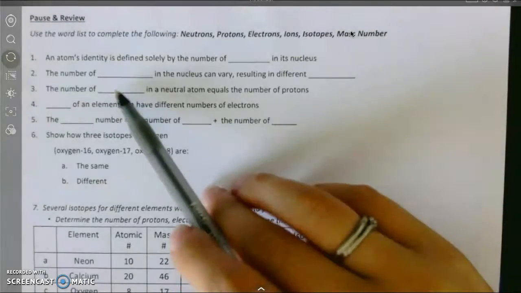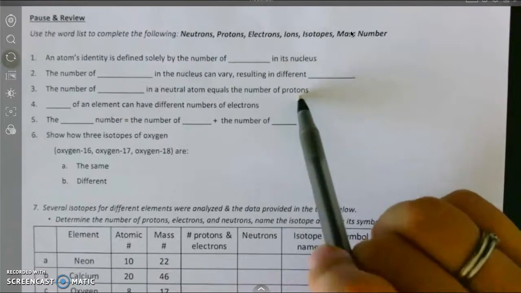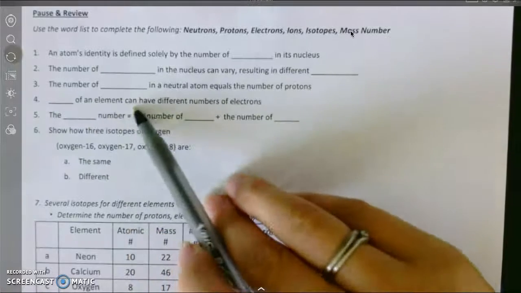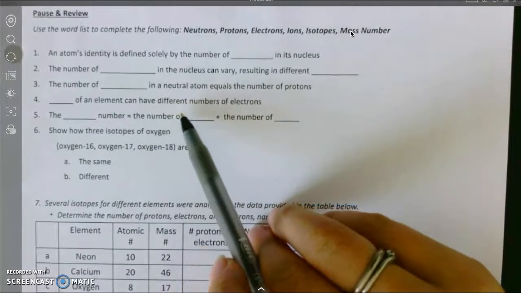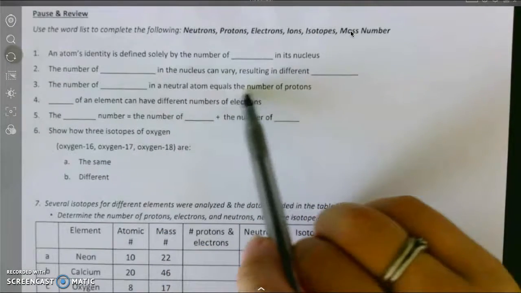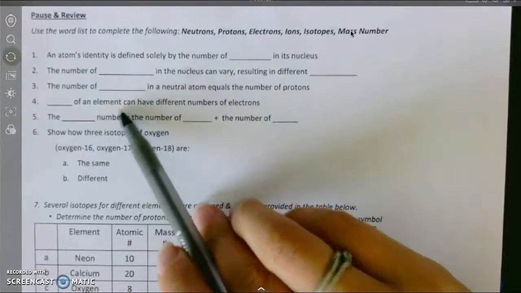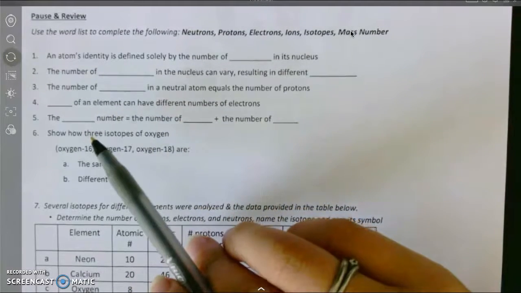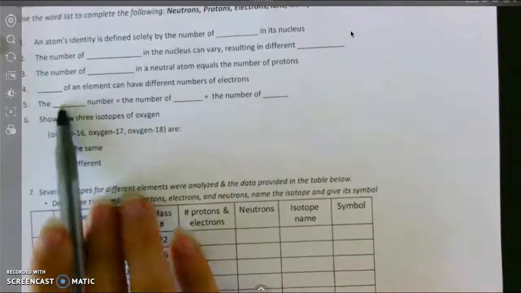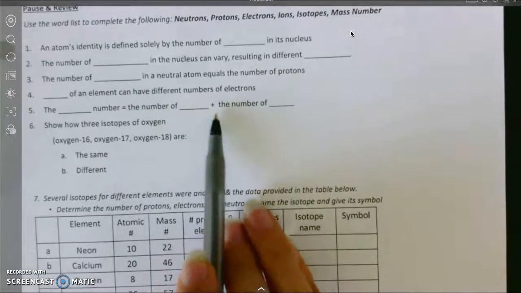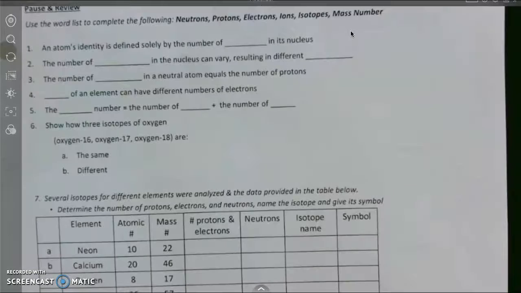Ions of an element can have different numbers of electrons. If we have different electrons, that would be ions. The mass number is equal to the number of protons plus the number of neutrons.